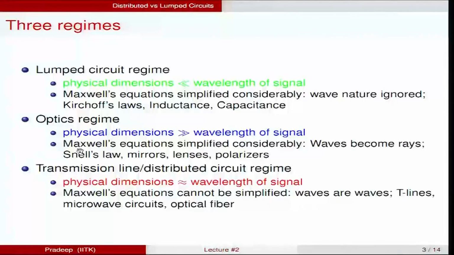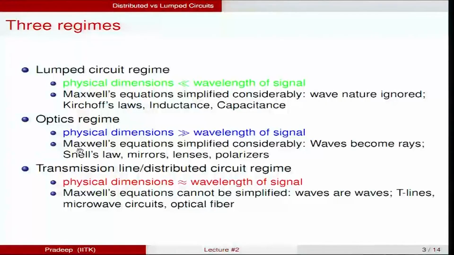To recapitulate, in the lumped circuit regime, you are rarely concerned with the dimensions of the circuit, because they are very small compared to the wavelength of the signal. For example, suppose you are running a transistor circuit at 100 kilohertz. Assuming the speed of light, the wavelength will be 3 times 10 to the power 8 divided by 100 times 10 to the power 3, which is 3 times 10 to the power 8 divided by 1 times 10 to the power 5.